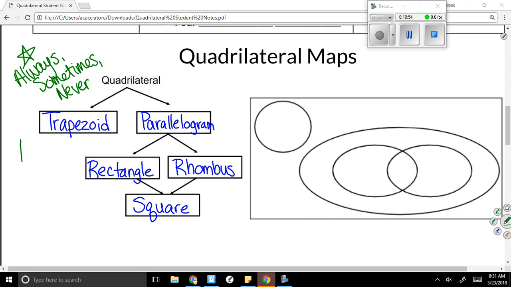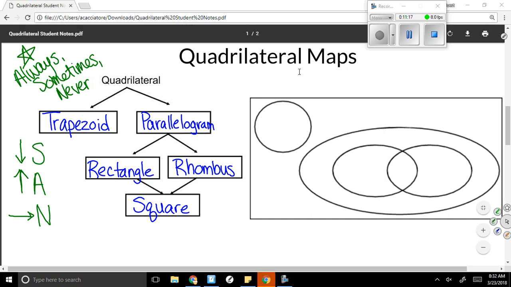So moving down our family tree is sometimes, moving up is always, and moving sideways on our family tree is never.